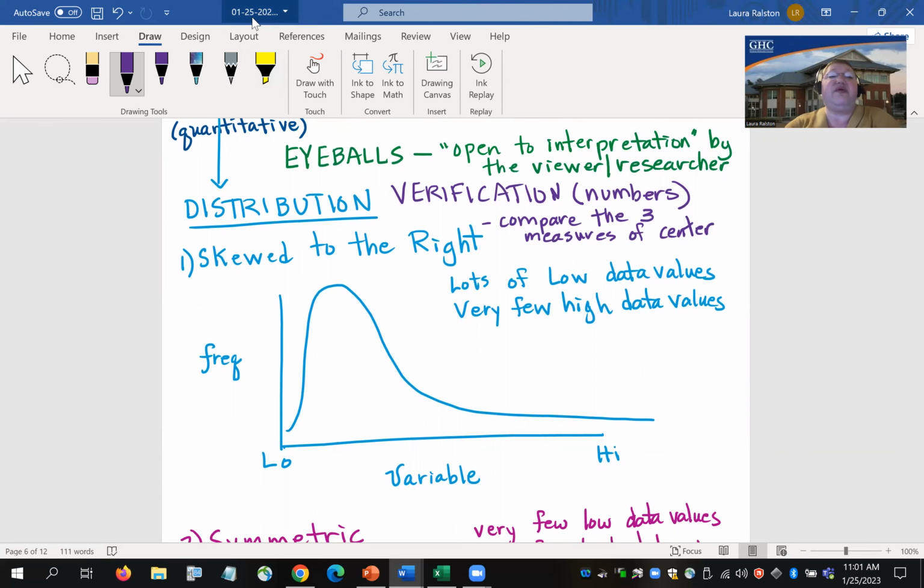It's called skewed to the right. If I'm looking at the comparison between the mean, the median, and the mode, I would have the mode first, then the median, and then the mean. Okay, so let me go over here to the PowerPoint.